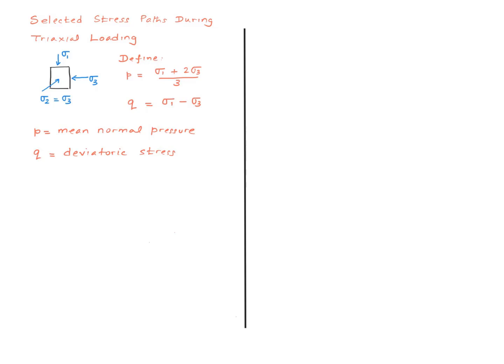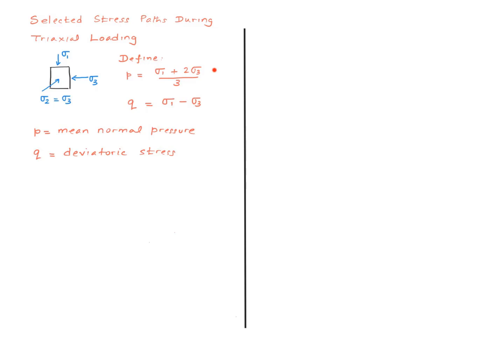And if you recall, this is what we called deviator stress or deviatoric stress, right? So here I would refer to this as deviatoric stress and P as the mean normal pressure. There are again two different definitions of these, but this is the definition that I would use in this course.